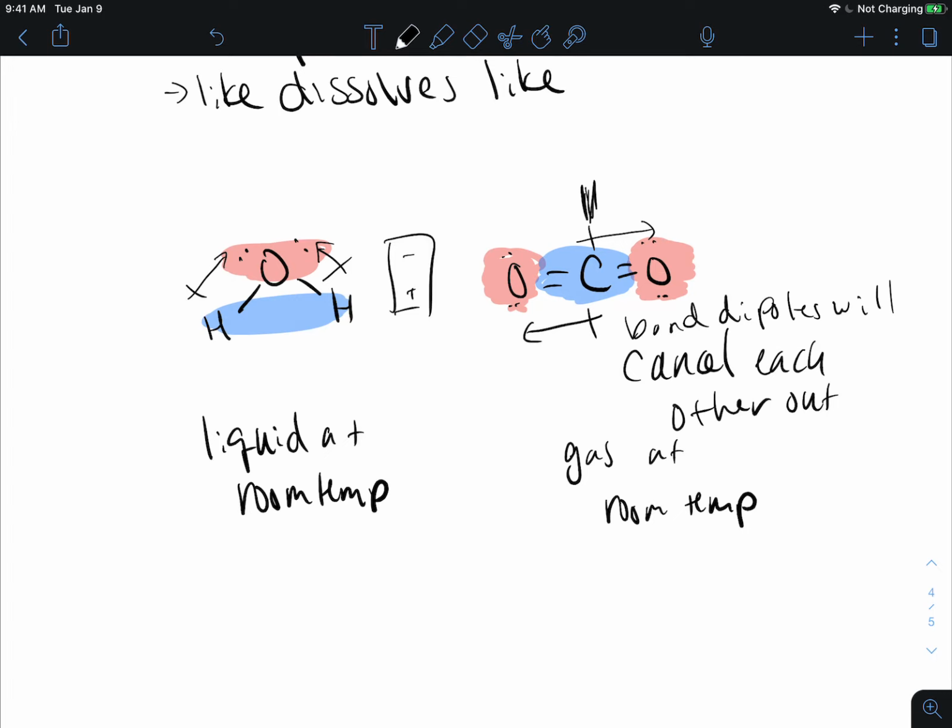Water molecules are going to like other water molecules and stick together because of those charges. Carbon dioxide molecules don't care about other carbon dioxide molecules because there are no charges they can stick onto, so they just kind of float by themselves. So very different physical properties when we think about a polar substance versus a nonpolar substance.